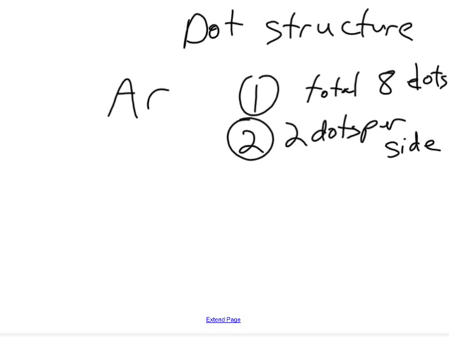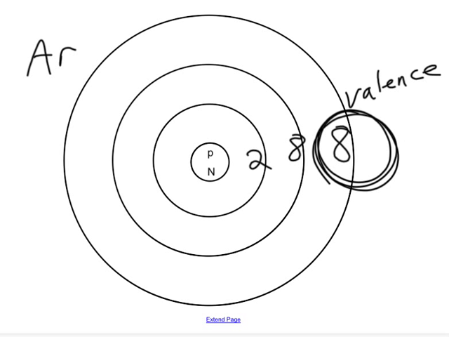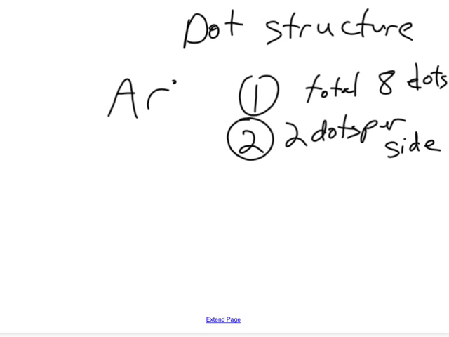So argon, which has 18 electrons, has 8 electrons in its outer shell. So therefore, we're going to have how many dots? Total of 8. 1, 2, 3, 4, 5, 6, 7, 8. Now technically there is a specific order in which you're supposed to fill in those dots, but for this class we're going to let you worry about that when you get into chemistry.